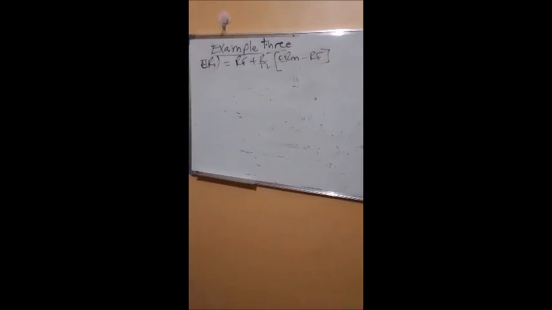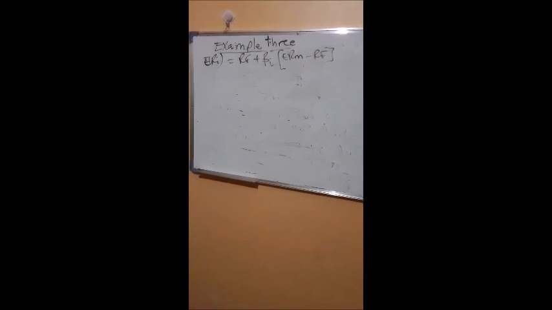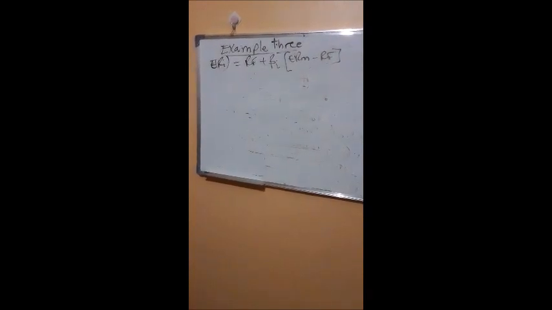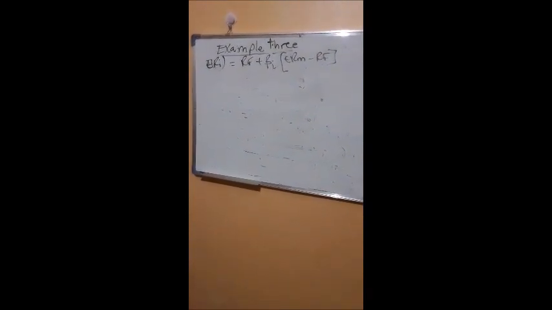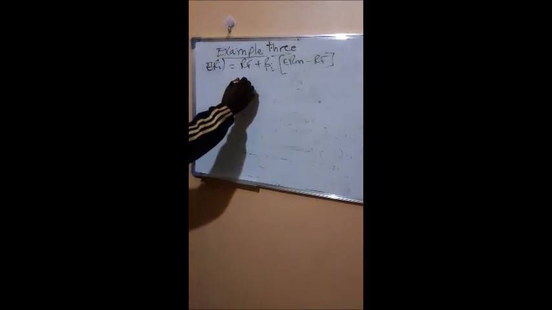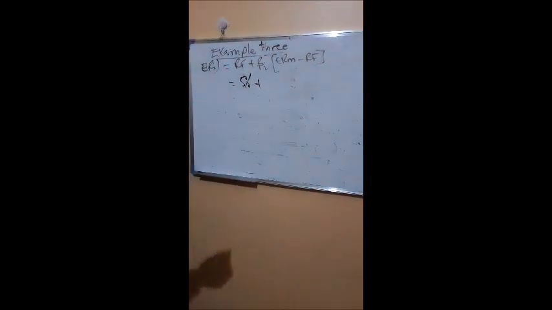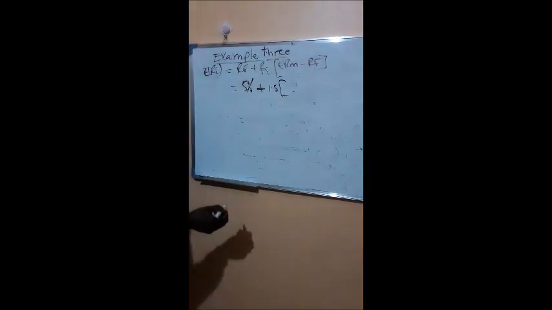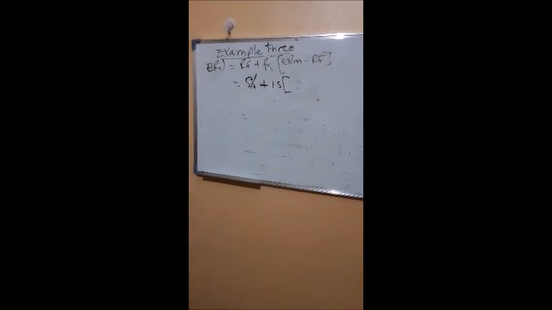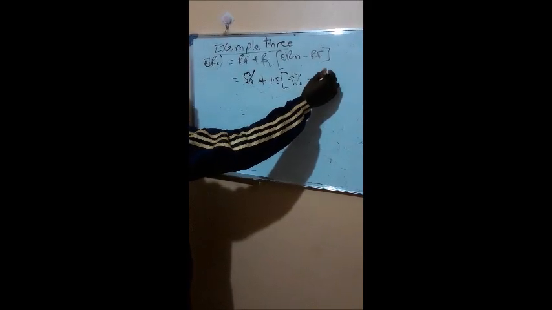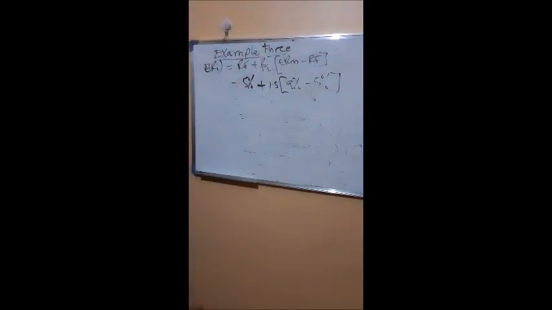Before we judge whether the share is overpriced according to the capital asset pricing model, we need first to calculate the expected return of the share. We have the risk-free return of 5% plus a beta of 1.5 multiplied by the difference between the return on the market, which is 9%, minus the risk-free return of 5%.